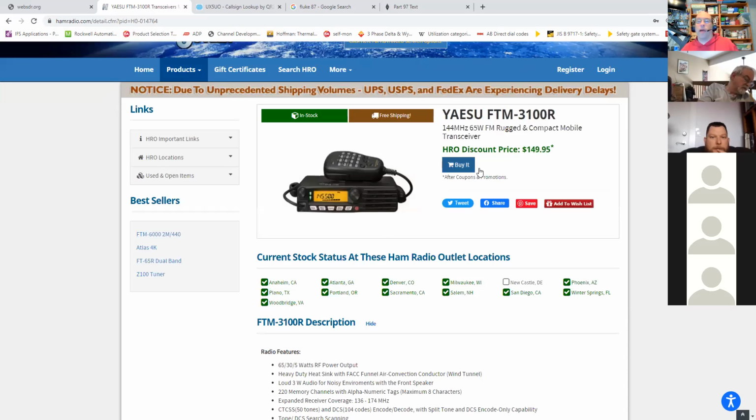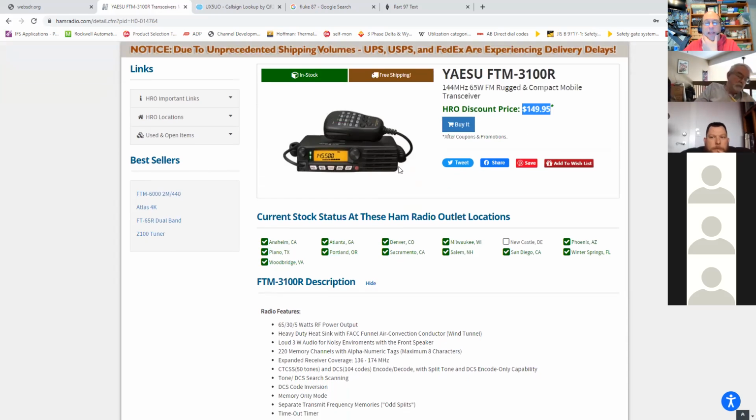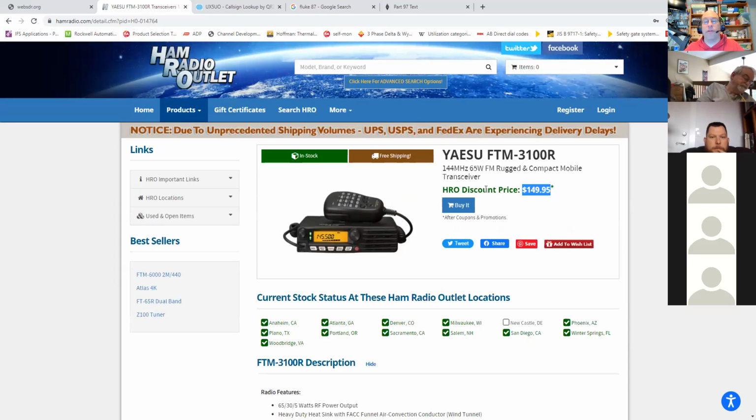And if you get them secondhand, or you find it at a hamfest, or you find somebody in your club who doesn't want theirs anymore, or sometimes they'll just be on sale. You get one of these for $120, and that's a 2-meter only radio. This is a very, very solid radio.